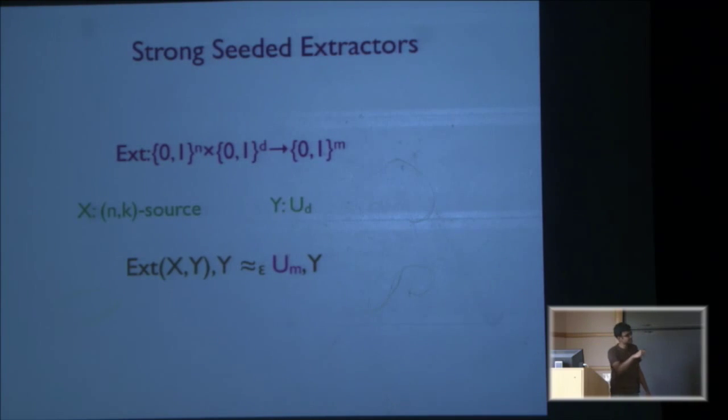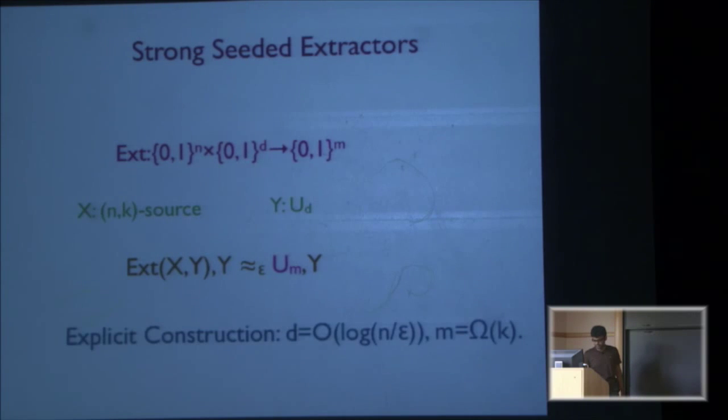This approximation epsilon means that the statistical distance between the 2 distributions is at most epsilon, and the string is independent of y. There are really good constructions known by work over the last 2 decades where d can be as small as order log n over epsilon, and we can get most of the min entropy out of the source X.